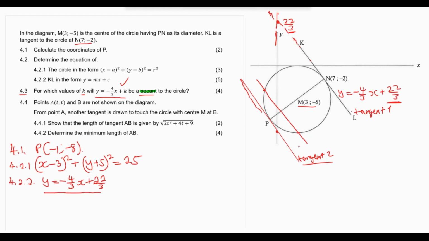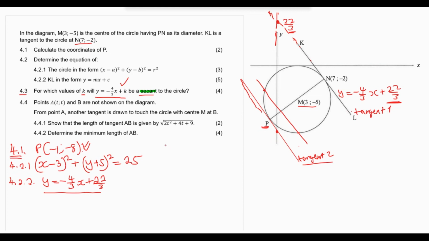Tangent 2 has the same gradient as tangent 1. The gradient has to be -4/3. We need to use the coordinates of P to find the equation of tangent 2. And then we have the coordinates of P here. Remember, we got this in question 4.1. Let's find the equation of our tangent 2.